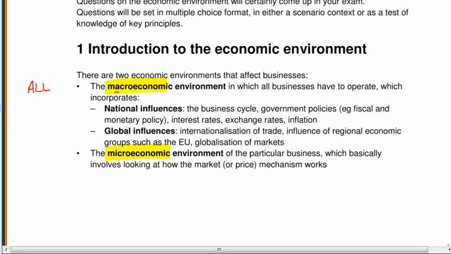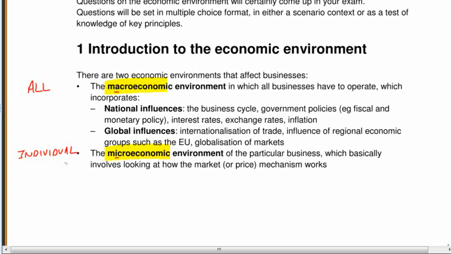So macroeconomics is the study of the whole economy, so everything that's going on, national, even international stuff would fall under the heading of macroeconomics, whereas microeconomics has got an I in it, and that stands for individual. So microeconomics is the study of individual markets. And what we do is we basically put all those individual markets together to become the macro economy.